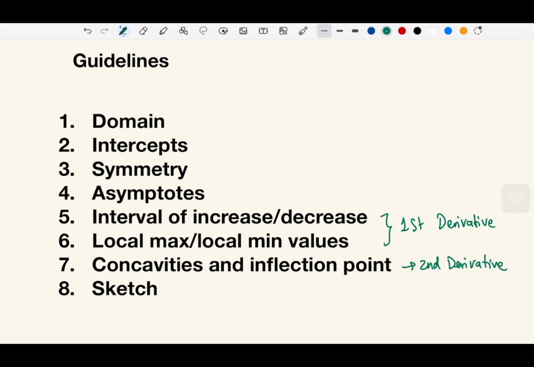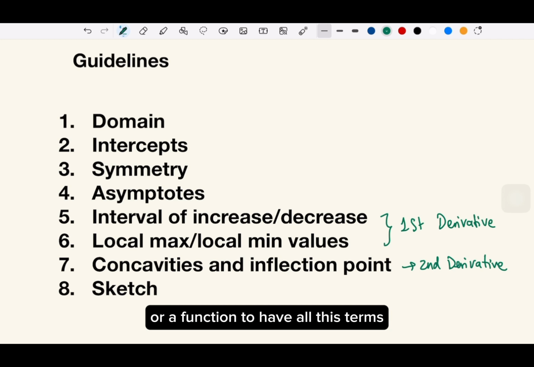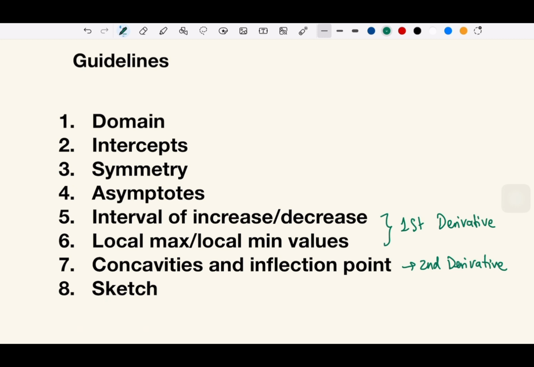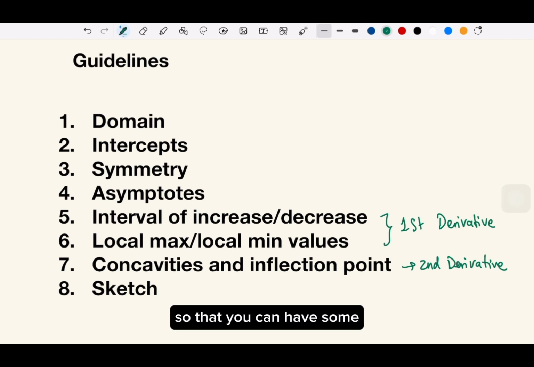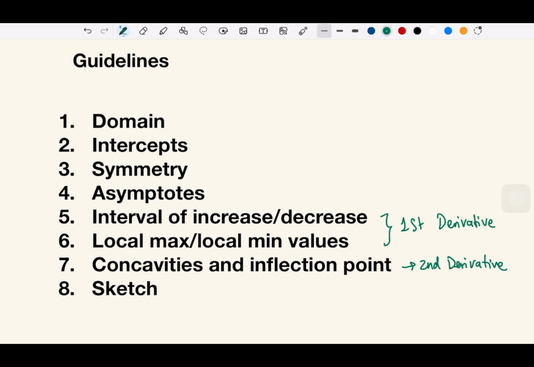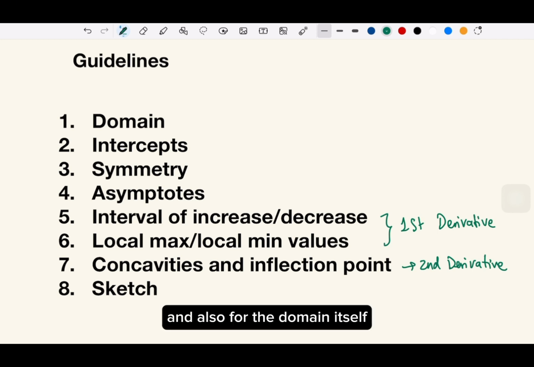Okay. So the most probable function to have all these terms is a rational function with some sort of restriction in domain, so that you can have at least some particular asymptote, and also for the domain itself.